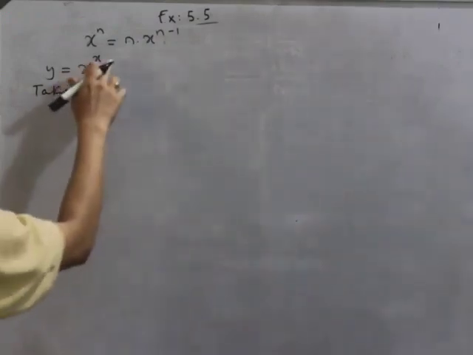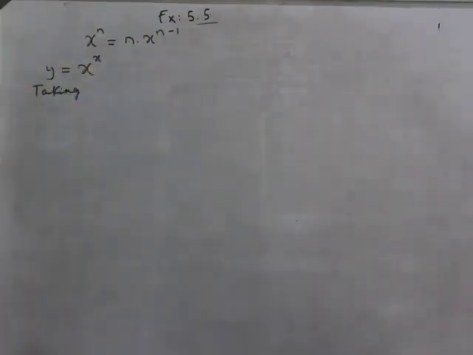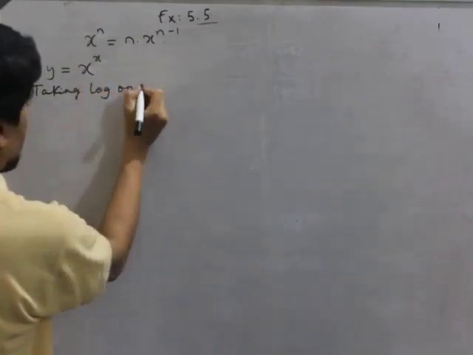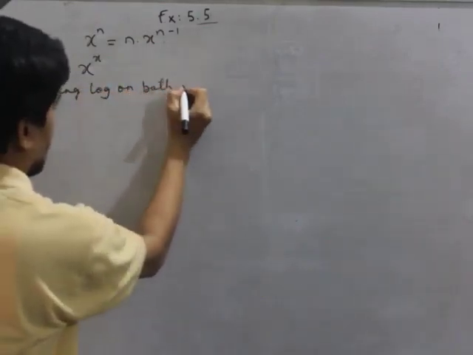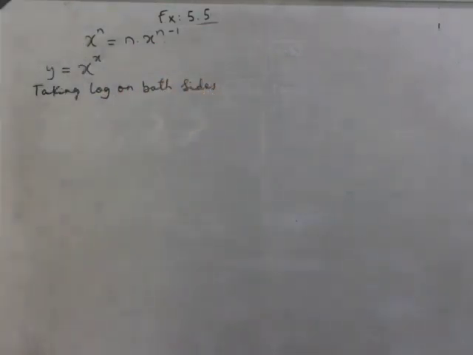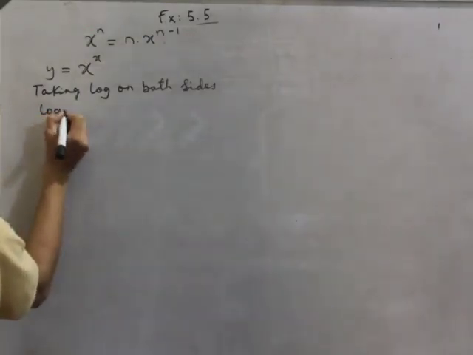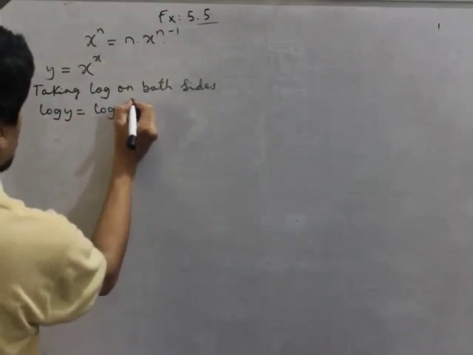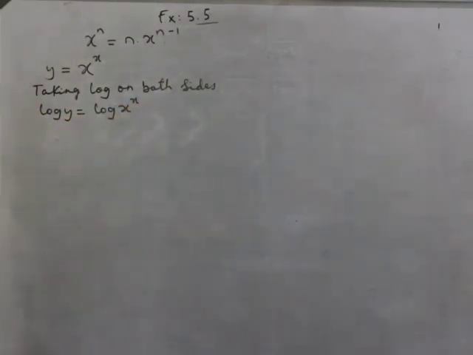It is x to the power of x, so we solve according to logarithmic differentiation. Taking log on both sides. The first step should be this. What will we get? Log y is equal to log of x to the power of x.